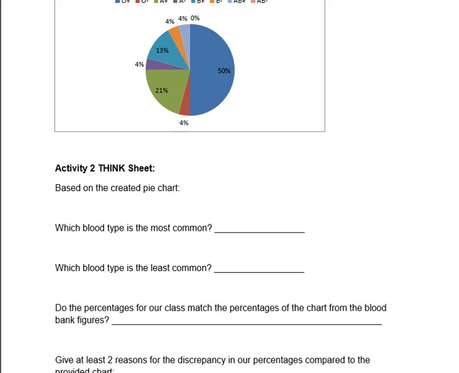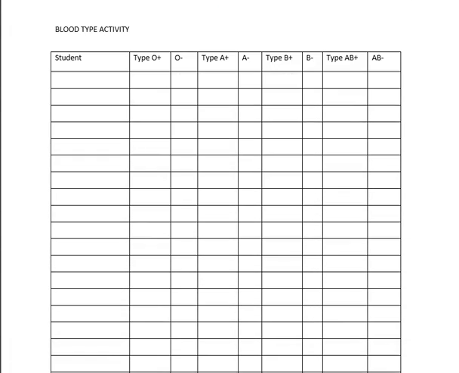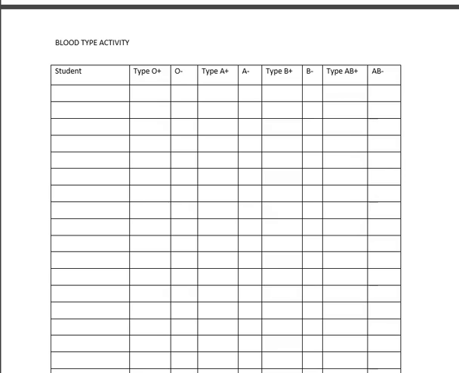Then Activity 2, pretty much we just had put together a packet, so it was all stapled together. And then finally here is the chart that the students would put down all of their student names within their class. For this class there happened to be 24 students, and then put tallies in or check marks in of which blood type each student had.